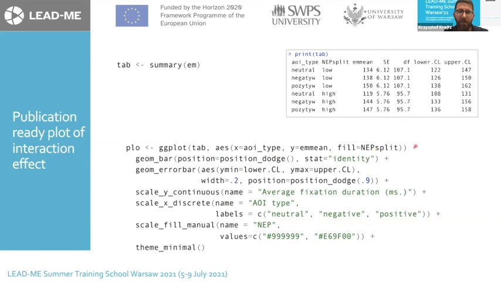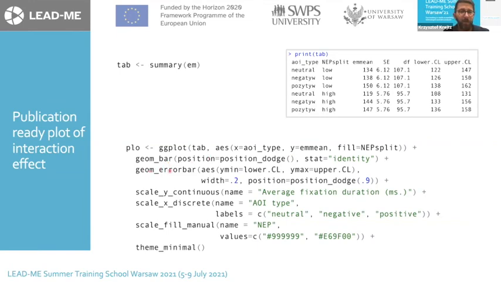Then I give the pipeline sign. The pipeline sign for ggplot is plus. That's an exception in this language. And then I add the layer with the geometry of bars. So I want to have bars, columns, instead of lines.